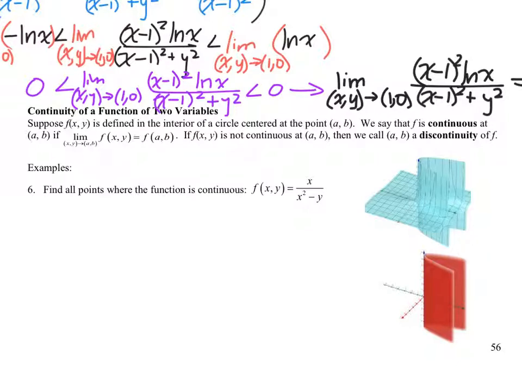All right. So what I need to do here is take a look at my denominator, and this guy right here can't be equal to 0, in which case we get a path y equals x squared.